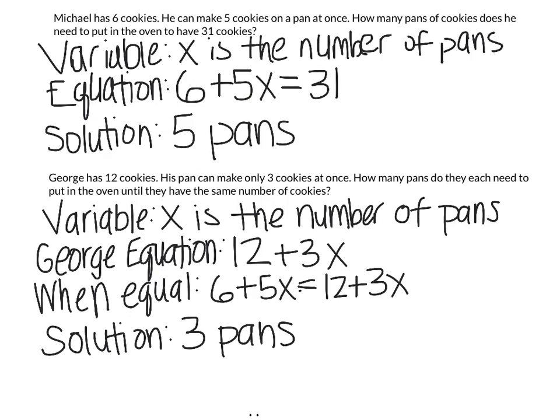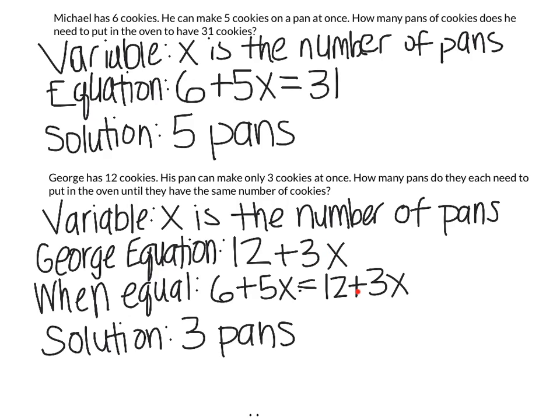Now down here for George, the variable should be the same. X is the number of pans, or if you picked another letter, it should be the same letter that you have up here. Whatever letter that is, it's the number of pans. The equation for George should be 12 plus 3x. Once again, you might have had 12 plus 3 times x.